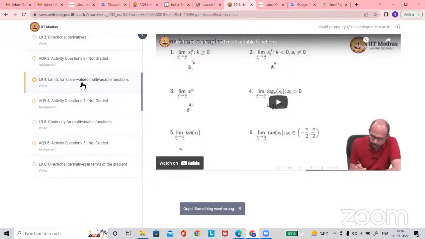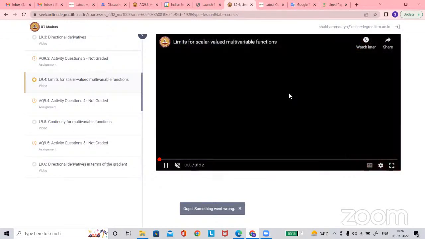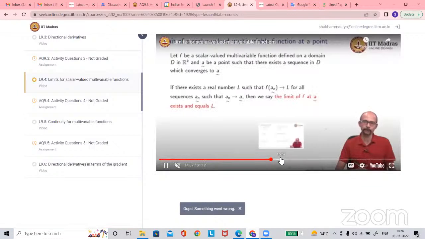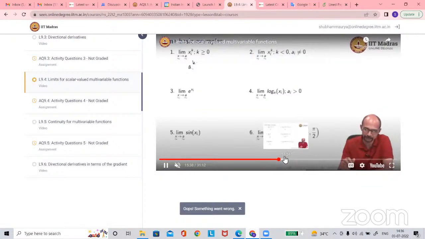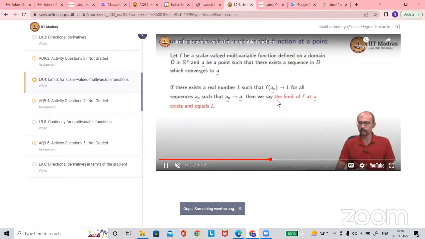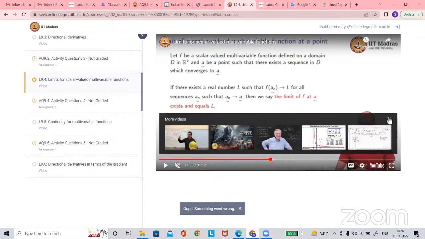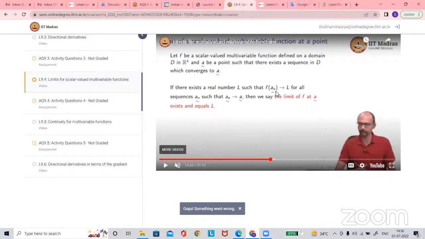These two tools we have to find a limit. Let me recall it again.